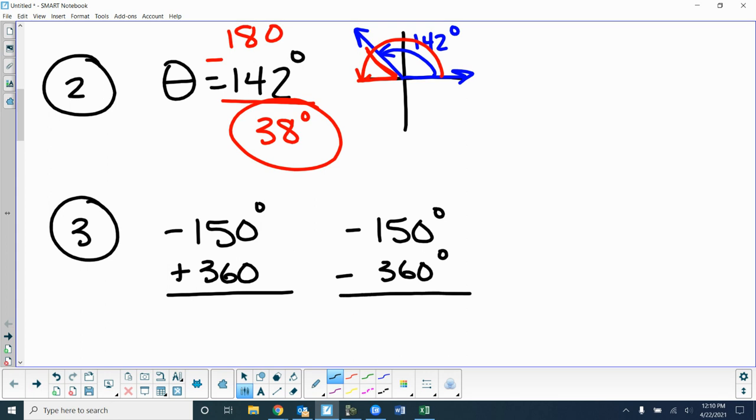And again, coterminal means that your terminal side stops at the same spot. So we know 360 degrees is one complete rotation, right? So if we were looking at the 142, I'd have to go around 360 and it would stop at the same spot. That's how I would get that one. Okay, so that's all we're doing.